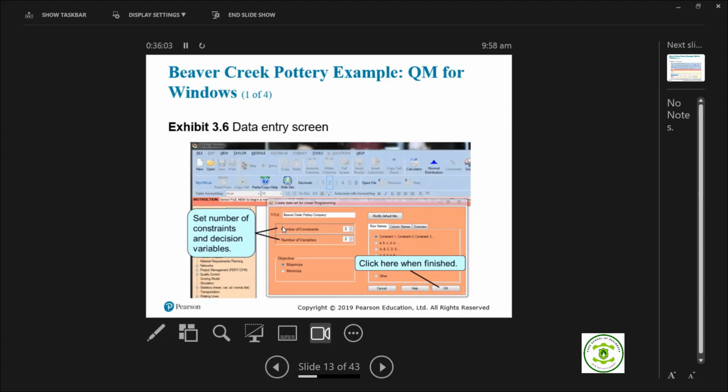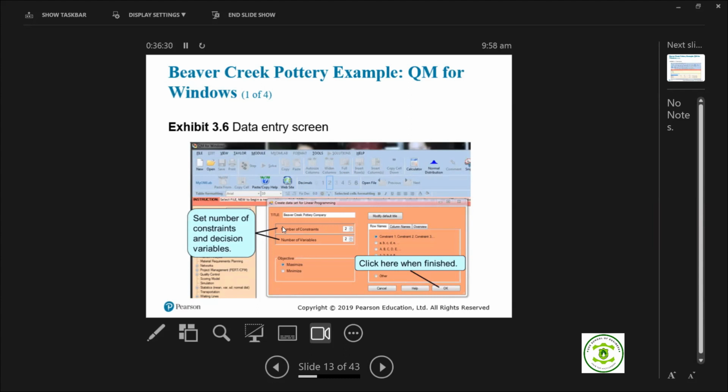You click on it, and this window will now appear. Under title, you can type Beaver Creek Poultry Company, or you can type anything there. It will not change the answer. It's just to let you know what company you are solving the problem for.